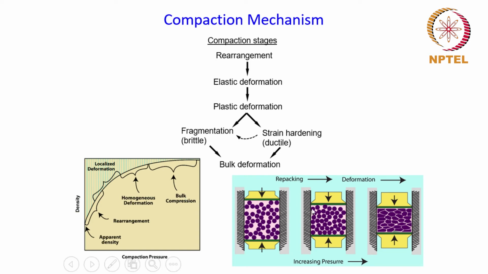Okay, so that's what you can see probably from this schematic here, that all the particles have made contact with each other and the pores between them are kind of filled now, and it has taken a shape, and now if you apply a pressure on this, the entire compact is going to deform. So that is the bulk deformation or the bulk compression process. So these are the stages of the compaction process.